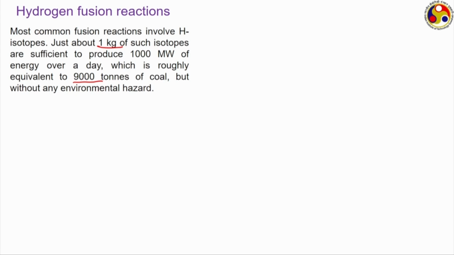In case of coal based reaction, we get several products which can cause environmental hazards, like carbon dioxide of course, and also we can have carbon monoxide, we can have NOx. If the coal contains sulfur, we can have SOx, that is sulfur dioxide or sulfur trioxide, etc. All of them are environmentally polluting particles.